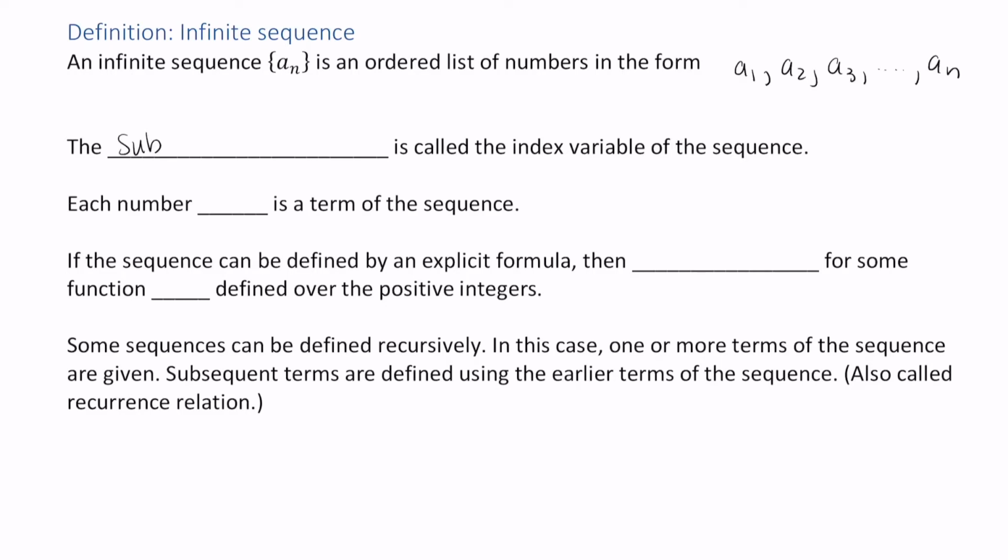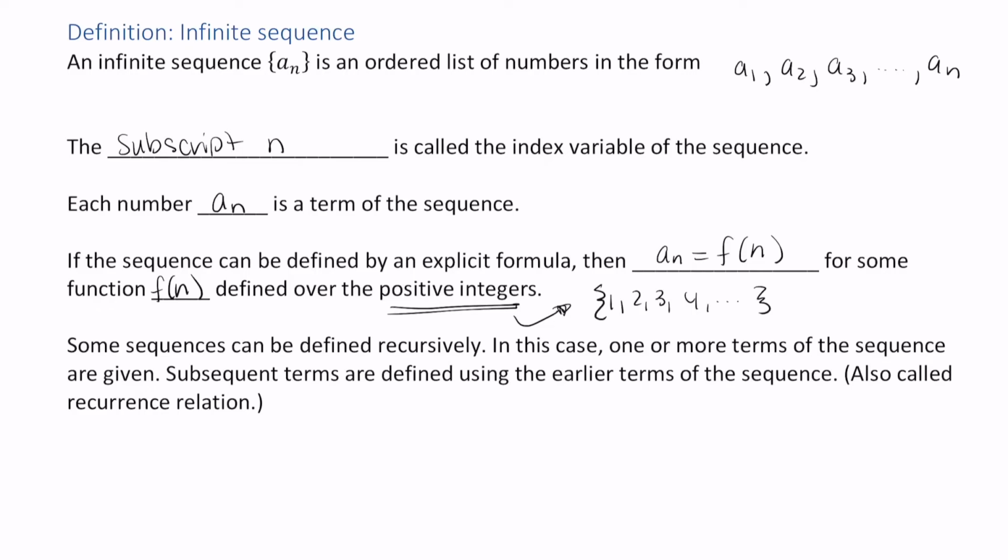The subscript n is called the index variable of the sequence, and each a sub n is a term of the sequence. If the sequence can be defined by an explicit formula, then a sub n equals f of n for some function f of n defined over positive integers. So again, positive integers would be 1, 2, 3, 4, and so on.